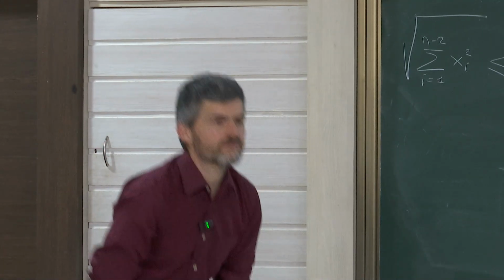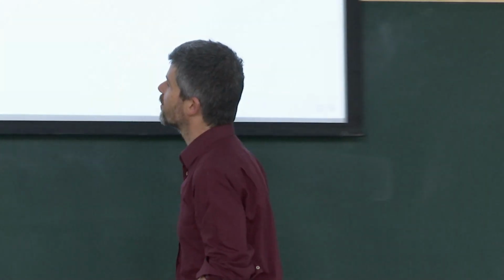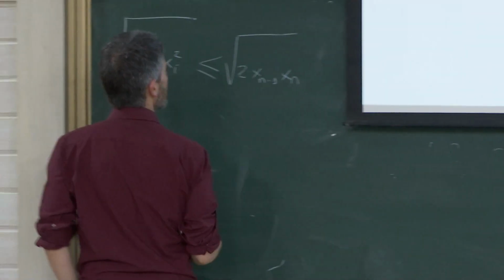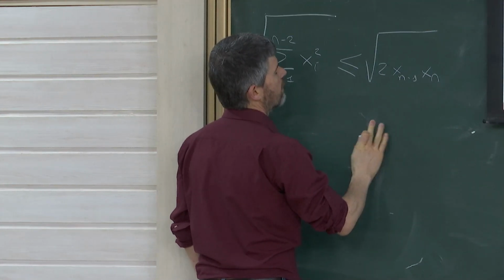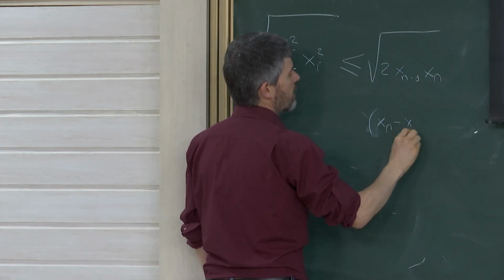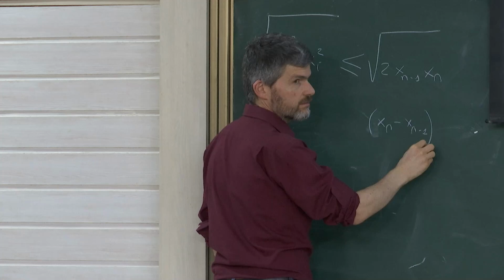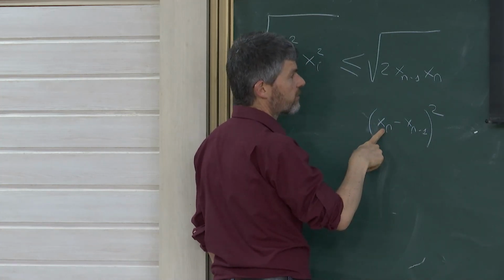How do you do this? You write xn minus 1 xn as a difference of squares: xn plus xn minus 1, squared, minus xn minus xn. Okay. So you're taking this as xn minus 1 squared. But that would be a second order. Okay.